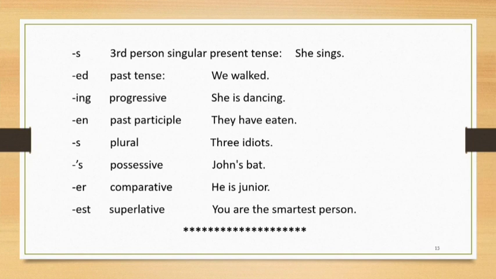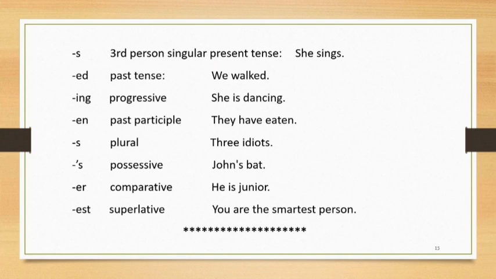Est, superlative. To make superlative degree, what do you do? You add est to a word, like smart, smartest, big, biggest, large, largest. So large, larger, largest, or big, bigger, biggest. There is no change in the adjective. They remain the same.